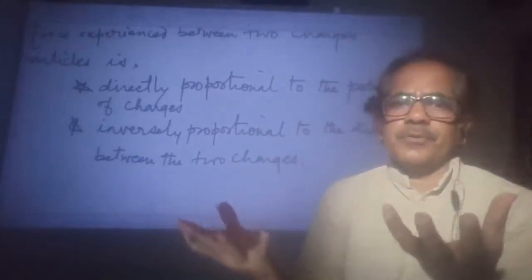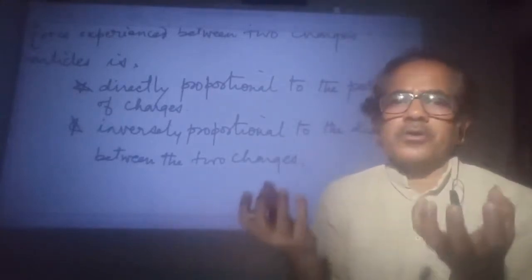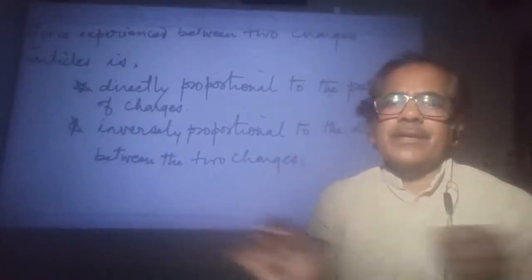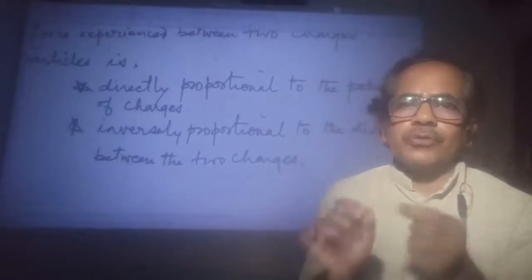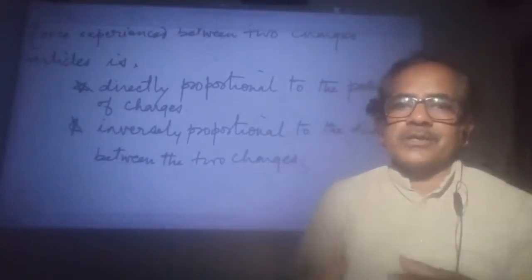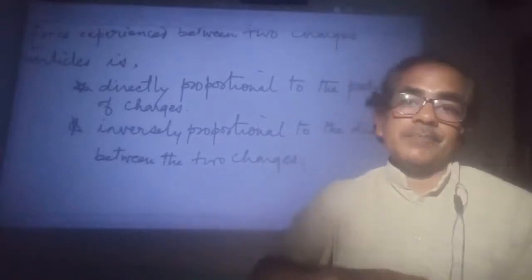See, suppose you have two balls or two objects, and there is some meter or some scale to measure the force applied on them, or the force experienced by one object from another.